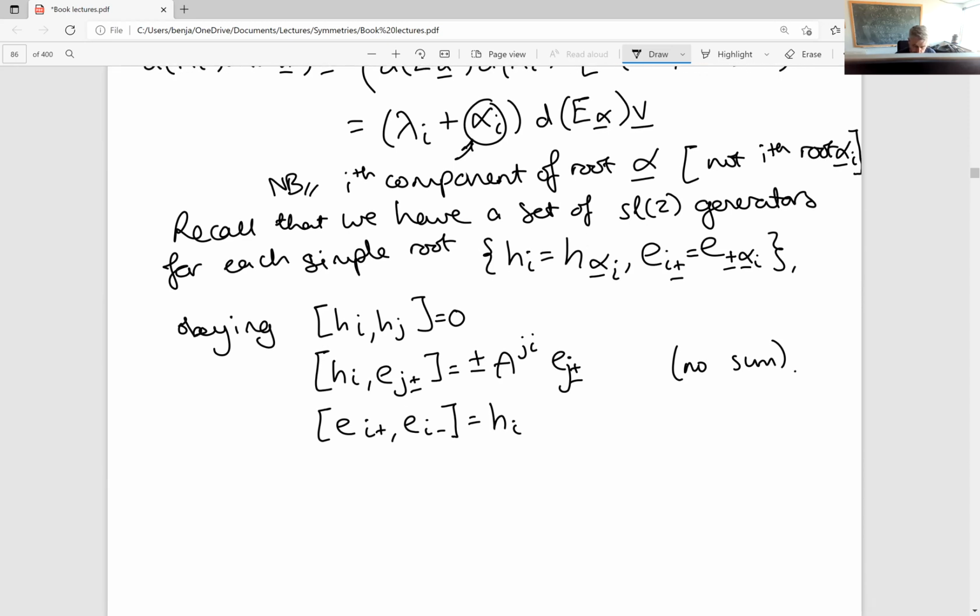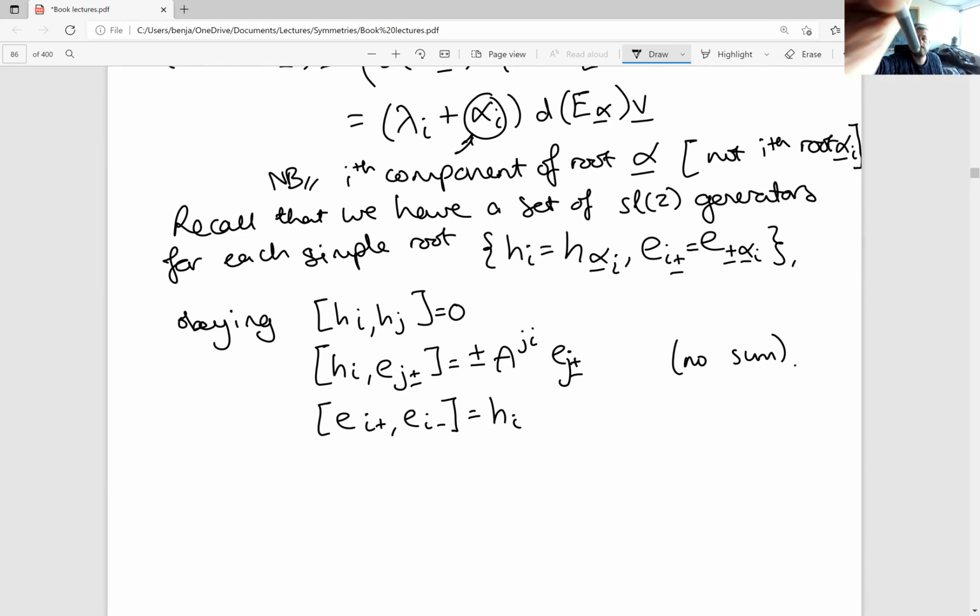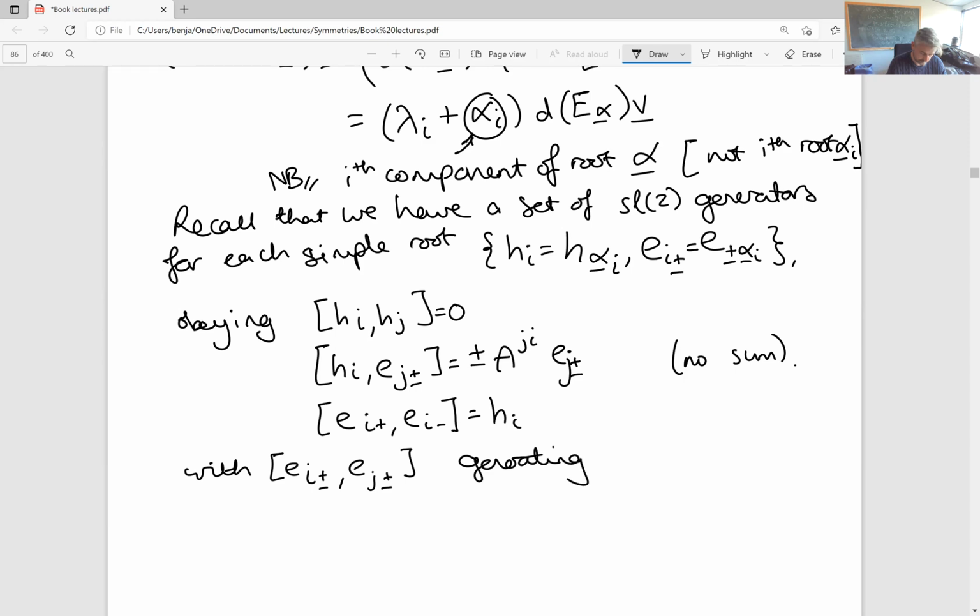And then E_i plus or minus and E_j plus or minus generate new basis elements, and then all of the brackets are 0.